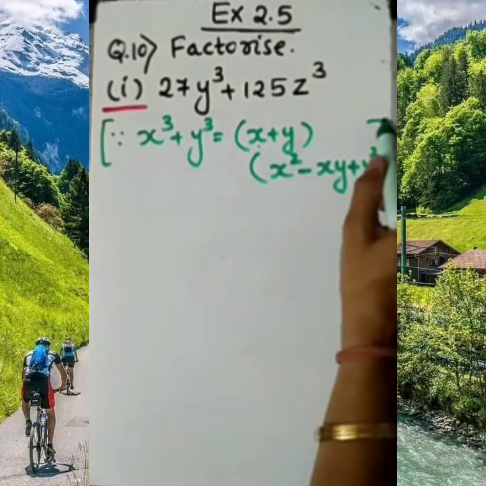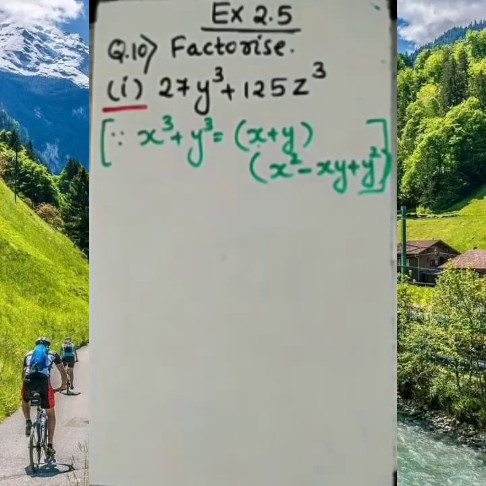This is the cubic identity formula. I am repeating it: x cube plus y cube equals x plus y in one bracket, and in another bracket x square minus xy plus y square.